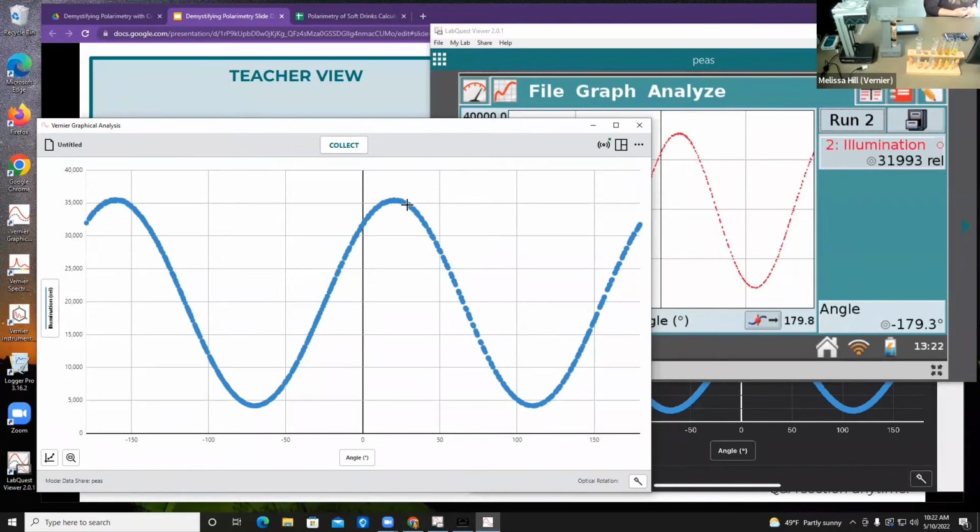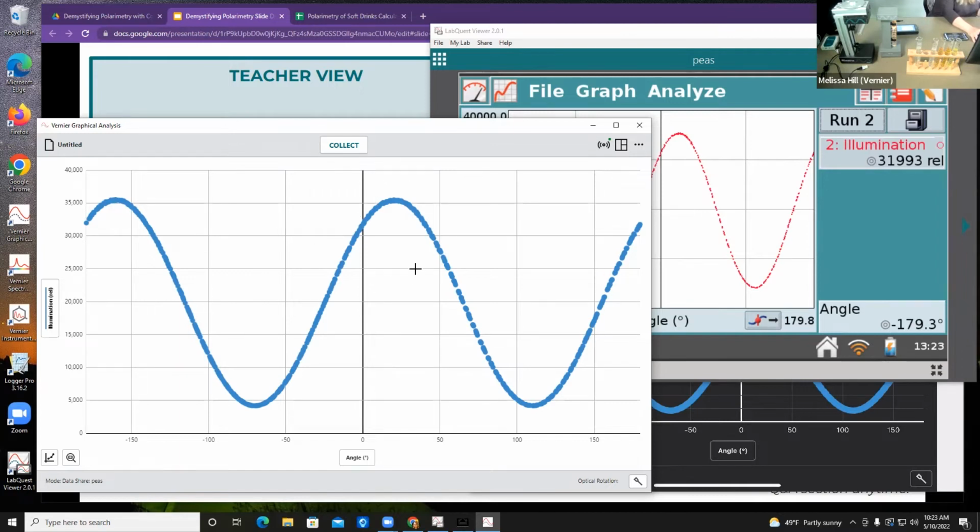I had a really hard time with it as a student. The difference between right-handed and left-handed molecules and actually visualizing that and what it means when you get to it in AP Chem or organic chem and how chemical reactions vary with that. This is just a great way, another tool we as chemists have to show our students the differences.